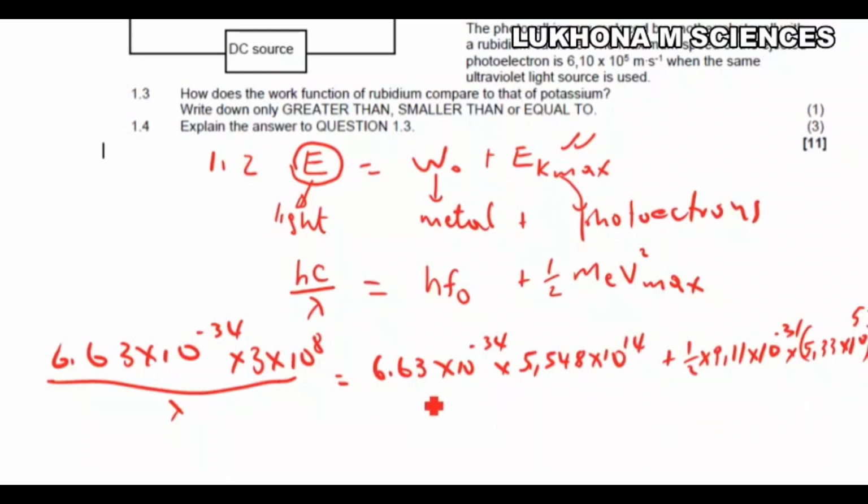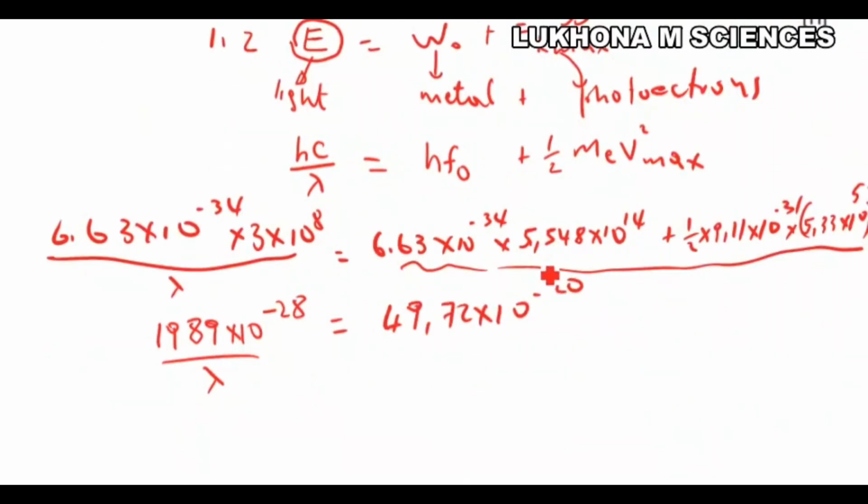Now we are going to press the calculator here. Then we get this one. Then we cross multiply, then we get lambda. So let's cross multiply and press the calculator. Then lambda is 4 times 10 to the power negative 7 meters. Then let's quickly go to the next question.